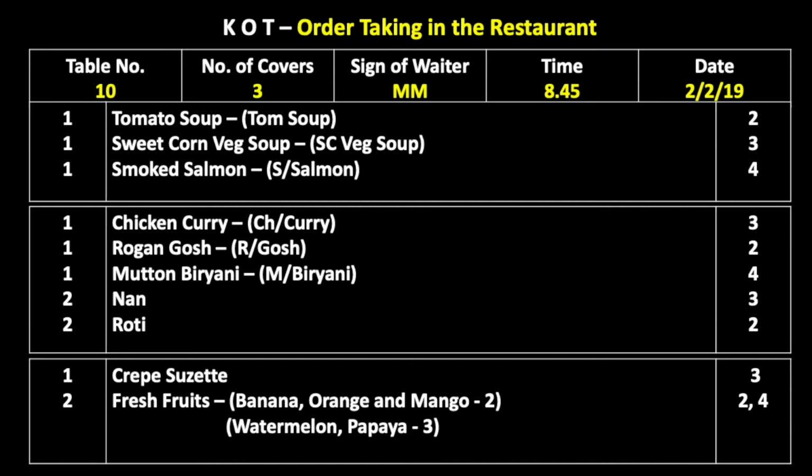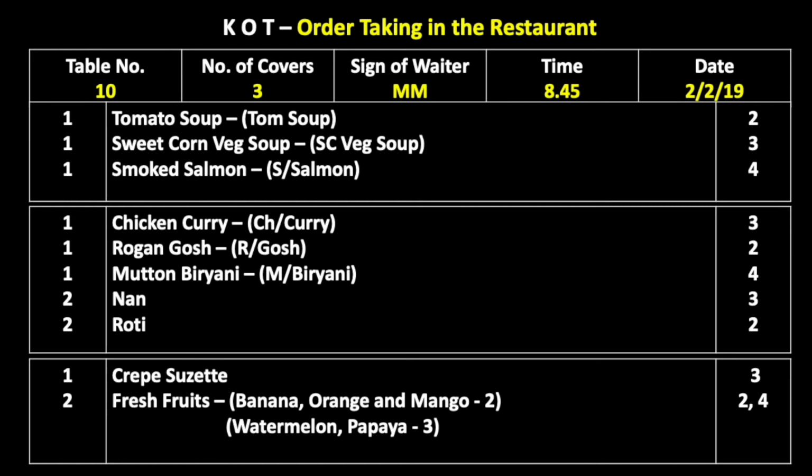For example, tomato soup is ordered by the guest who is sitting on chair number 2. So the moment the guest on chair number 2 orders a tomato soup with the abbreviation, at the side you put chair number 2.